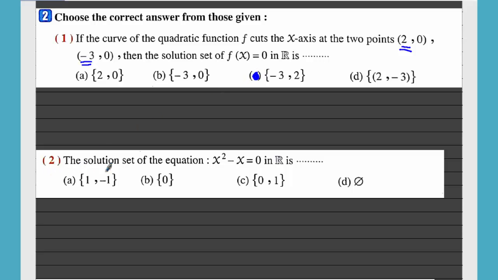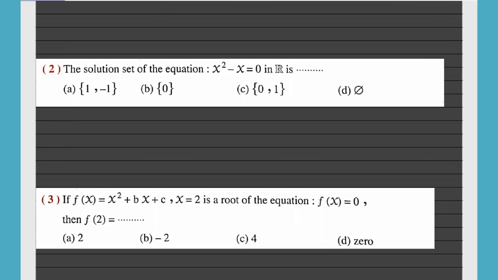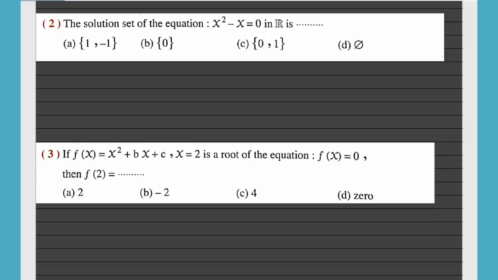Question 2. The solution set of the equation x squared minus x equals 0 in R is, so we have to solve this equation in steps.